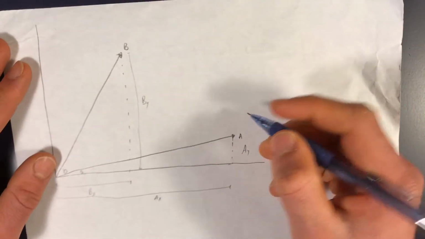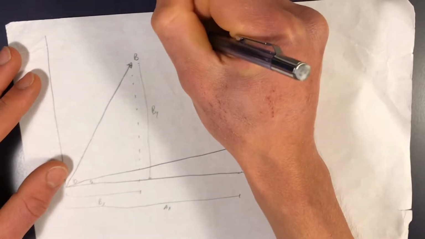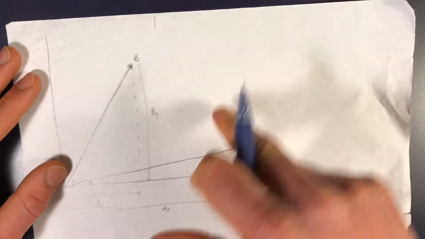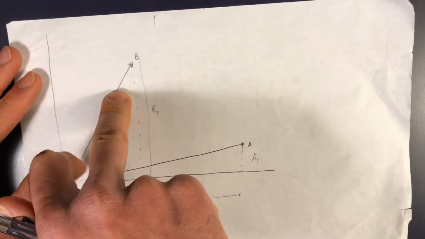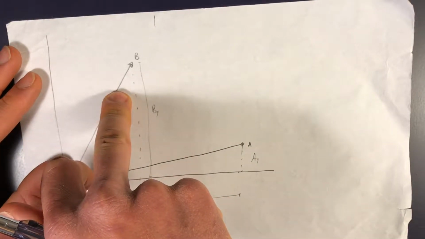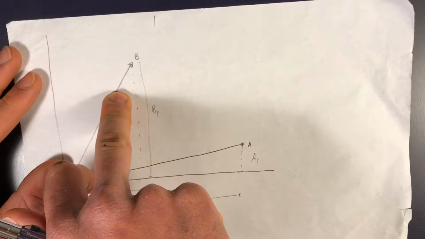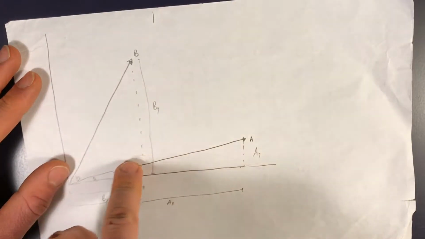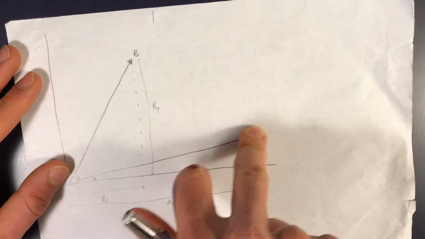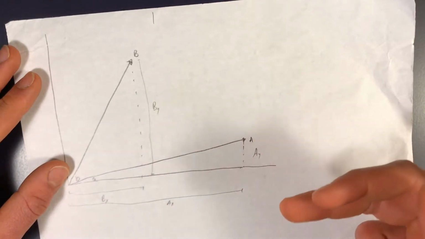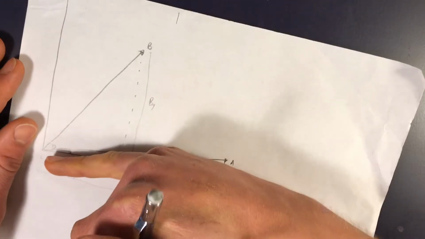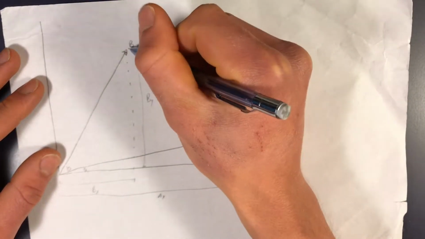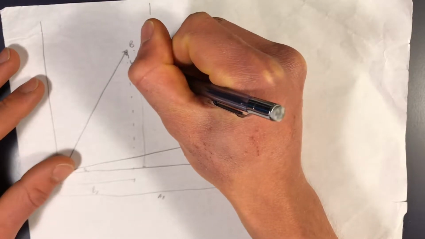So here, okay, so pretty much we're saying this acting in this direction. So let's say if we're just looking at here, one second. I shouldn't have drawn that there, but whatever.